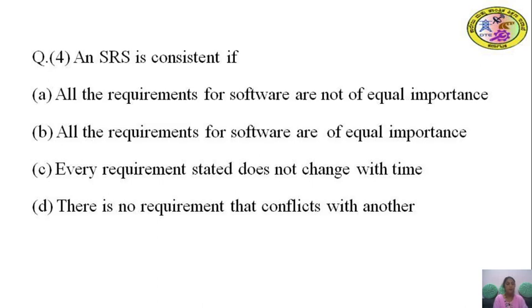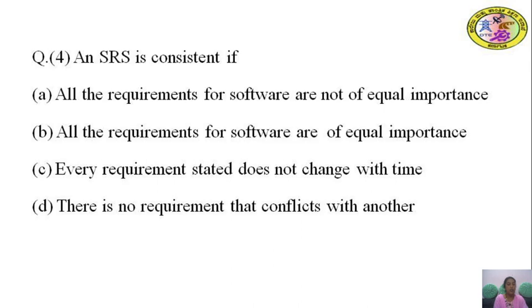The next question here is, an SRS is consistent if option A, all the requirements for software are not of equal importance. B, all the requirements for software are of equal importance. C, every requirement stated does not change with time.